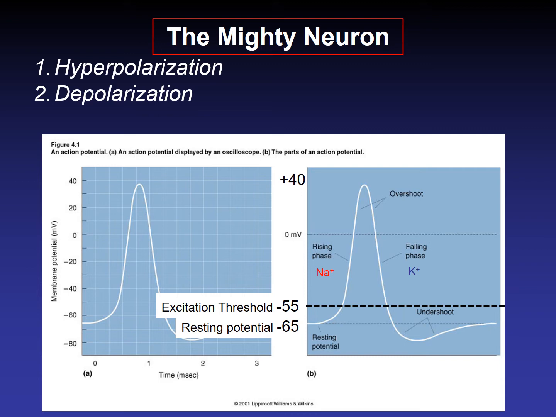These sodium channels opening up will allow sodium to follow its concentration and its voltage gradient to the inside of the cell, going from the outside of the cell to the inside. This causes the inside of the cell to become more positive.